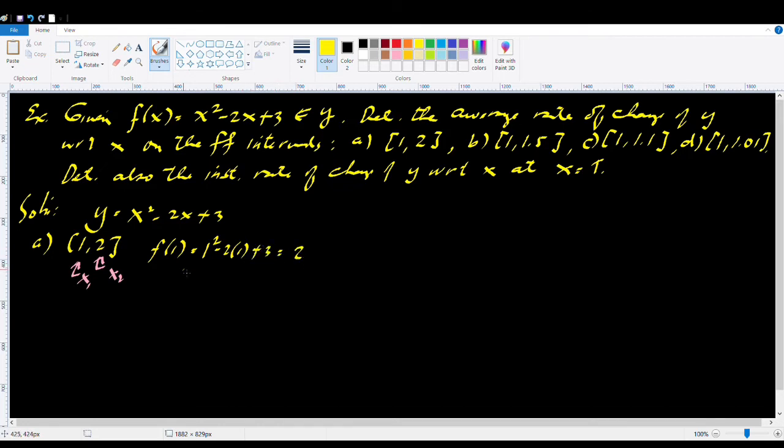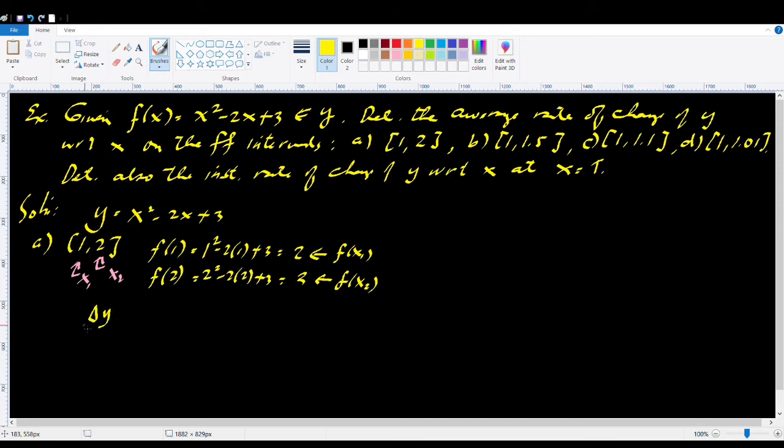That will be 2. And our f of 2 is 2 squared minus 2 times 2 plus 3, which is equal to 3. So f of 1 is our f of x sub 1, and f of 2 is our f of x sub 2.